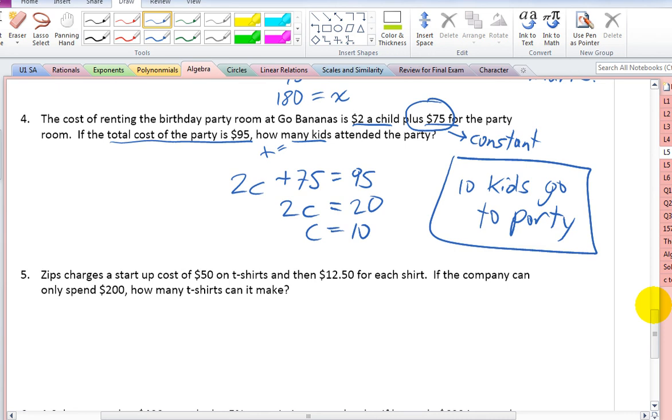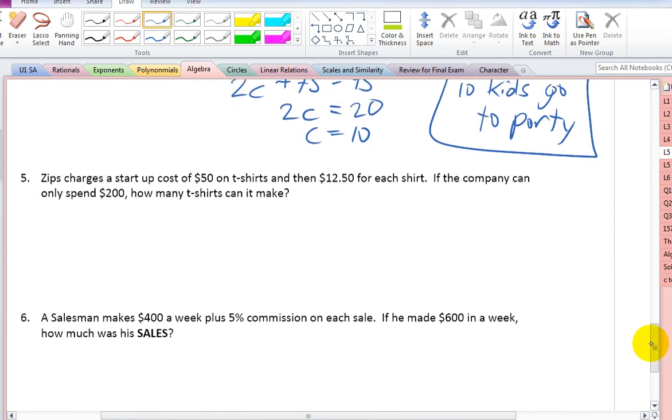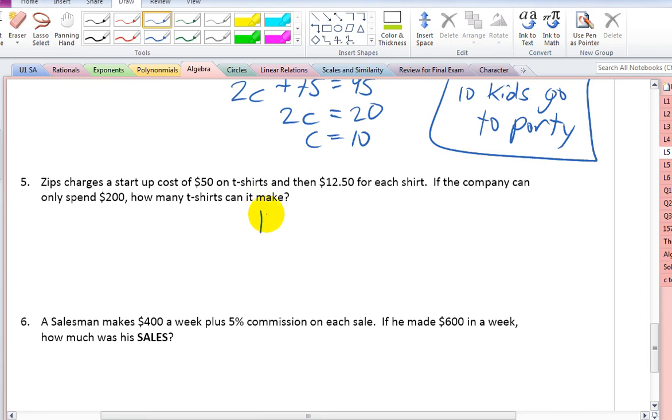Okay, number 5 is going to be very similar to number 4. Try it yourself. Underline important information. Make an equation. Go. There's your equation. Okay, your setup charge. That's your constant.